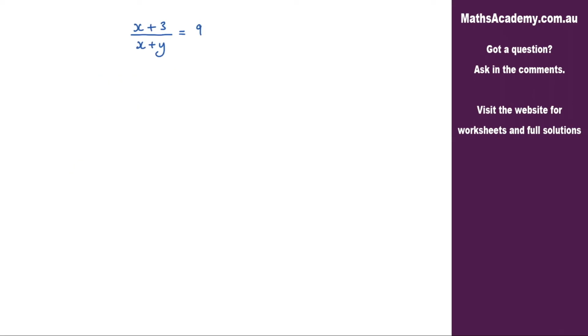Question 3, we're going to multiply by x plus y. So x plus 3 is equal to 9(x plus y). Going to expand that bracket on the right hand side to give 9x plus 9y. Going to subtract 9x from both sides, so x minus 9x plus the 3 is equal to 9y.